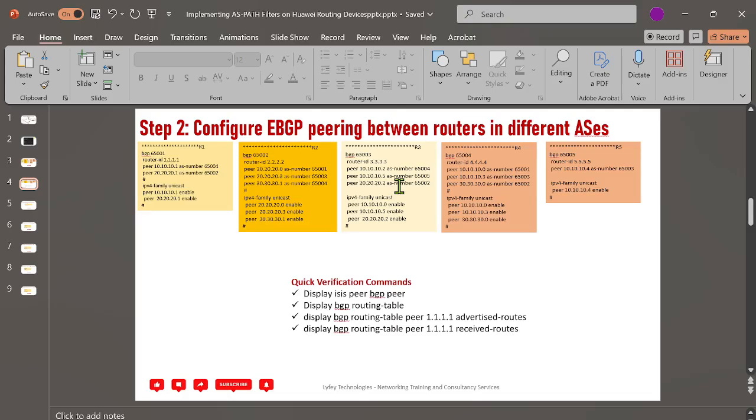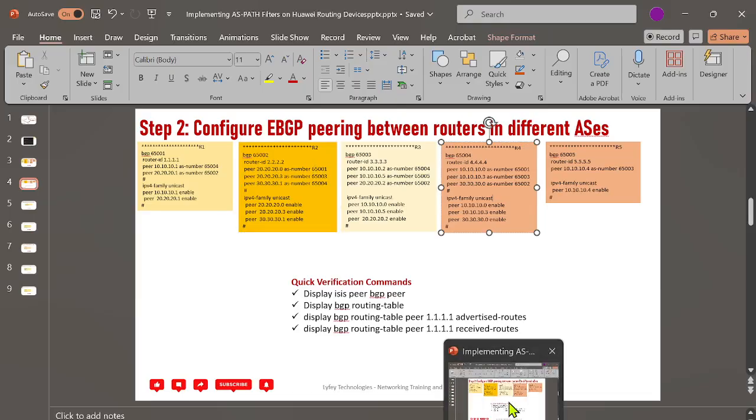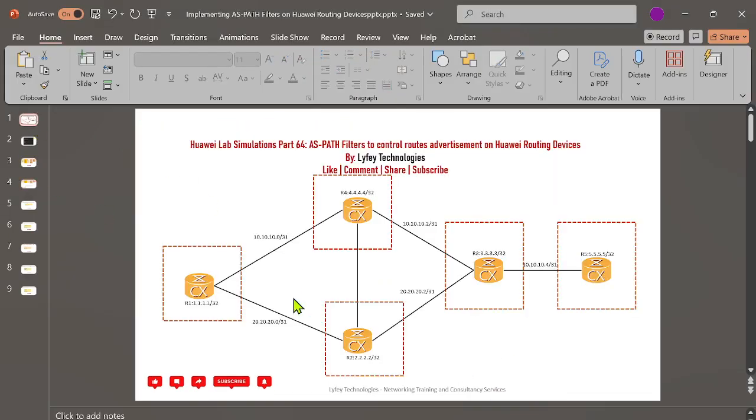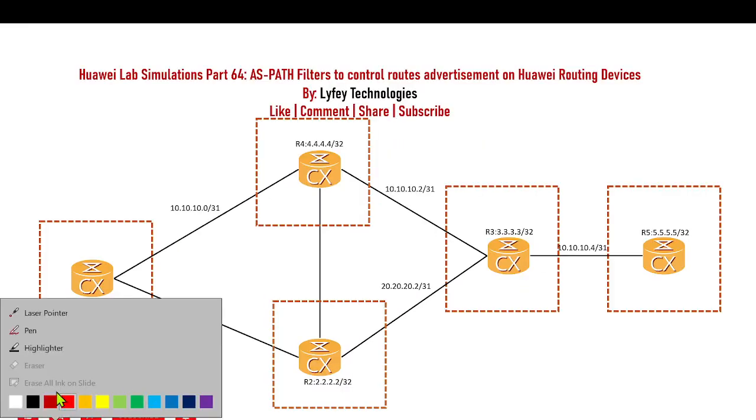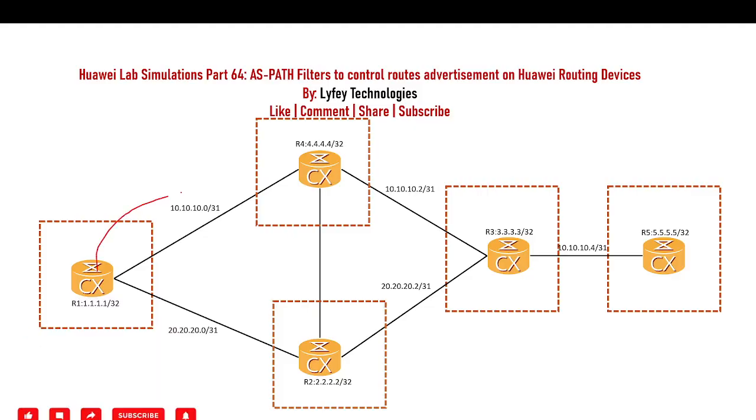So again, we are configuring BGP sessions between different routers. So R1 will be peering to R2 and R4. As you see, all these connections will be having BGP peering sessions. So we are establishing BGP sessions from here. We should have a session to R4 and R2.